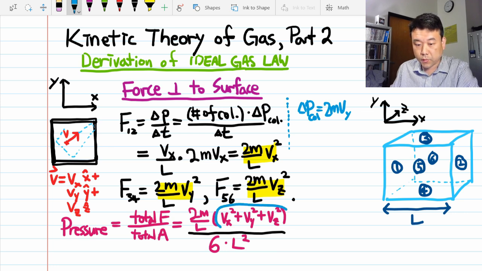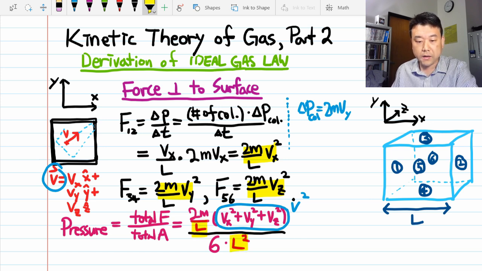This vx squared plus vy squared plus vz squared, I hope you recognize this as the magnitude of the velocity vector. So I can simply write this as v squared. And let me point out, I'm going to be combining this L, so I'm going to get L cubed.